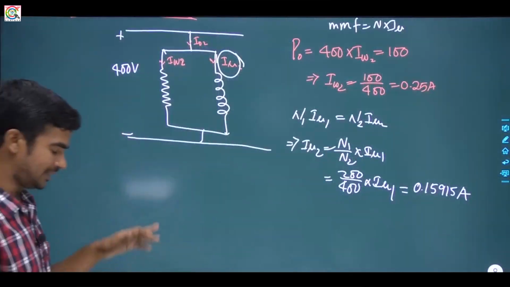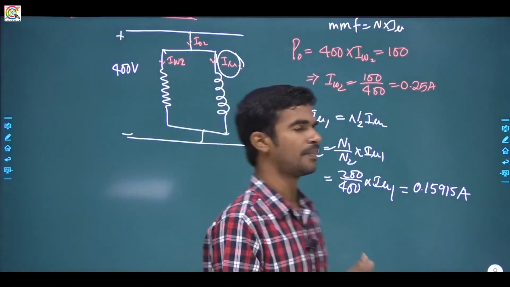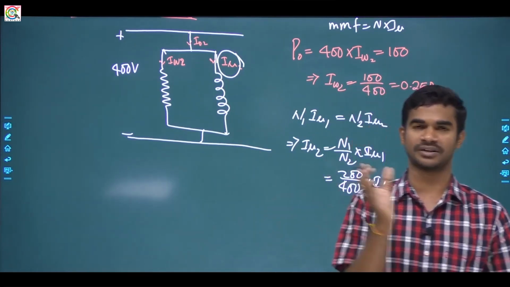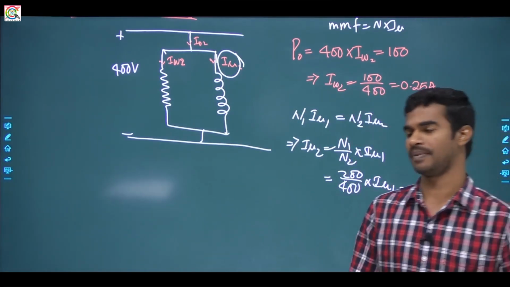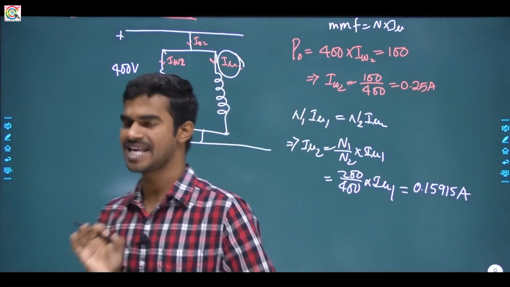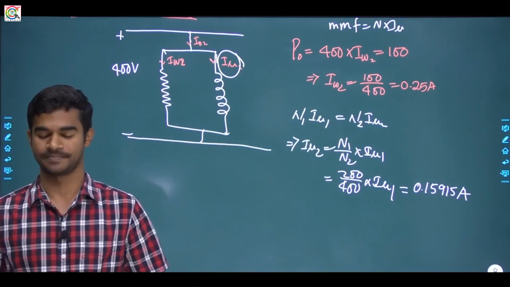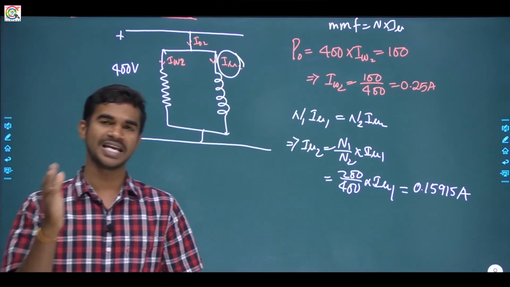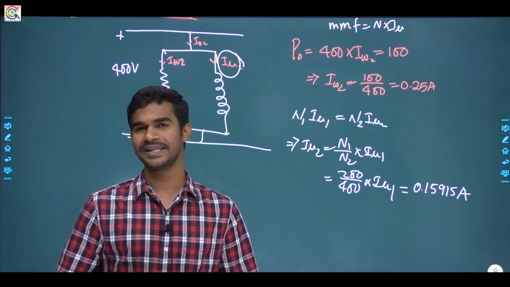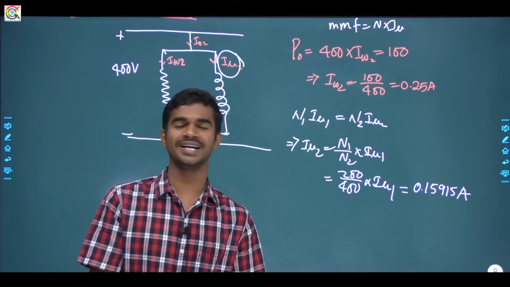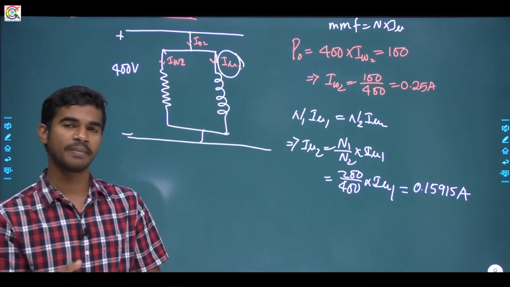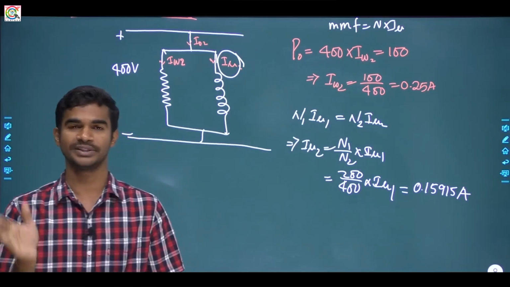So this question was based upon the equivalent circuit of the transformer, but along with it you needed to apply two important concepts: iron loss remains constant whether the open circuit test is conducted on the LV side or HV side, and second, MMF is constant or flux is constant.